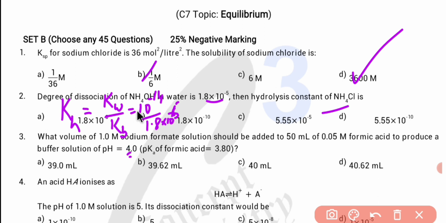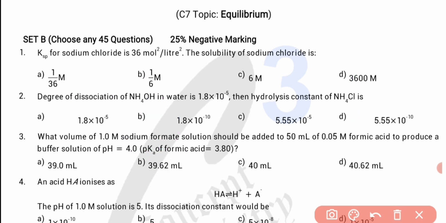When I divide this, it comes out to be about 5 into 10 to the power minus 10. So this is the hydrolysis constant of ammonium chloride, and the answer is D.